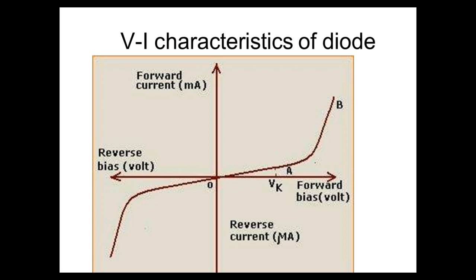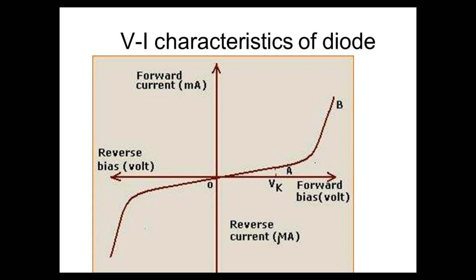And what happens in the reverse bias? In the reverse bias there will be some minimum current due to the minority charge carriers, up to a particular voltage.